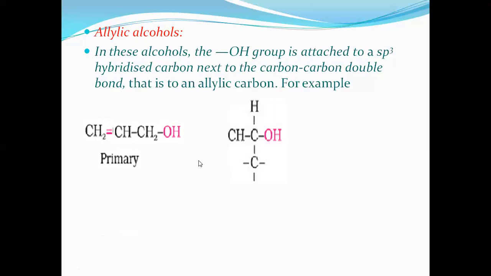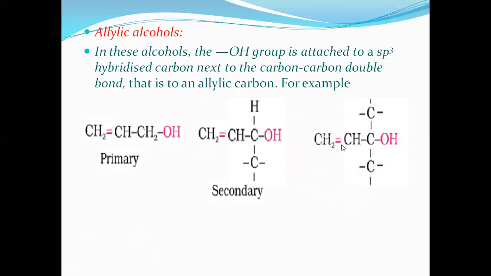Here it is an allylic primary alcohol, and this is once again a secondary alcohol, because the sp3 carbon atom is attached with two other carbon atoms, and one carbon atom contains a double bond. And once again we can find tertiary, because the sp3 carbon atom is attached with three other carbon atoms, out of which one contains a double bond, therefore this is a tertiary allylic alcohol.